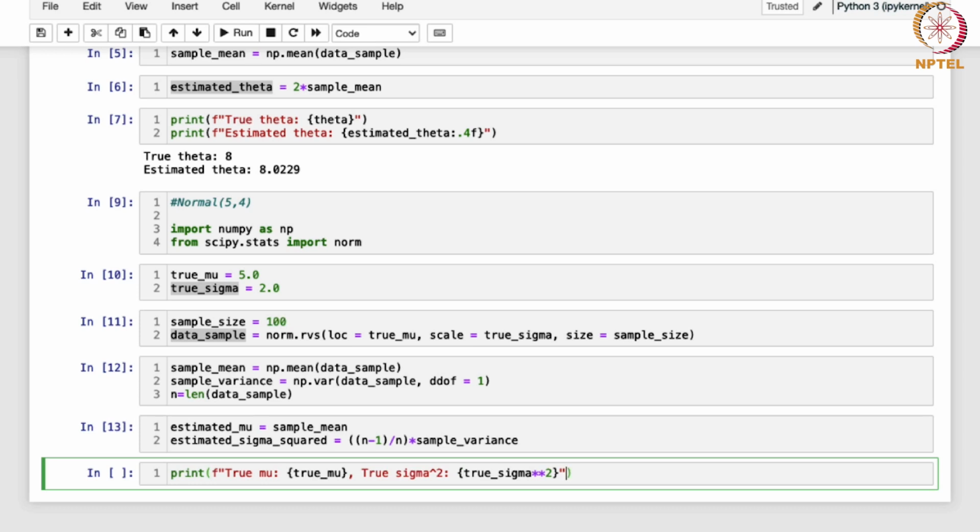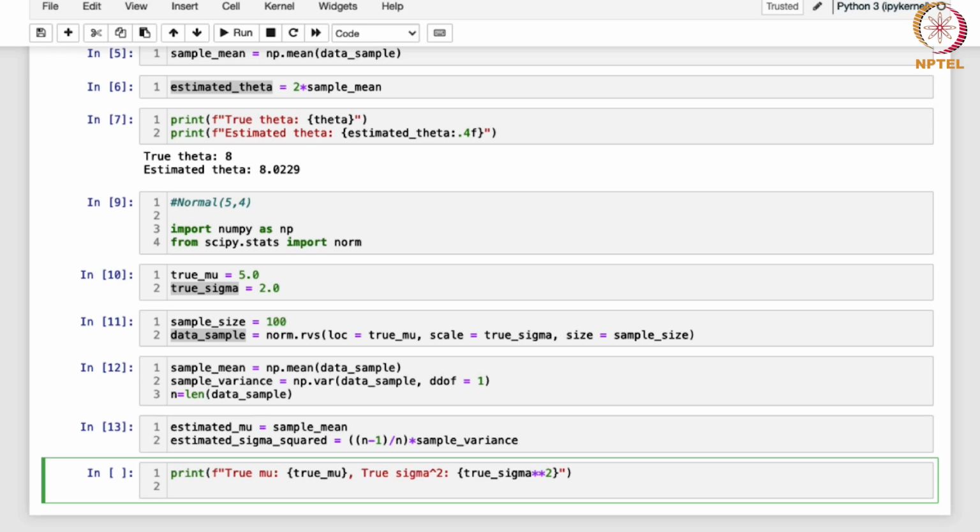So first it will be evaluated and finally substituted and printed. In the same way, if you want the estimated one, the estimated mu would be the estimated mu that you have obtained here.